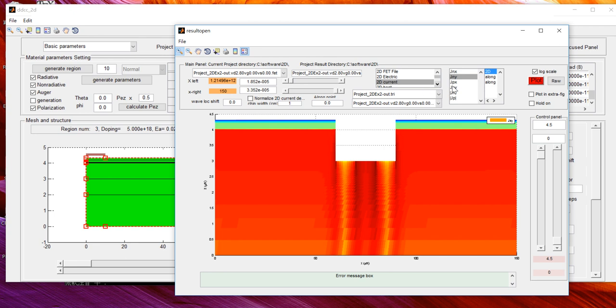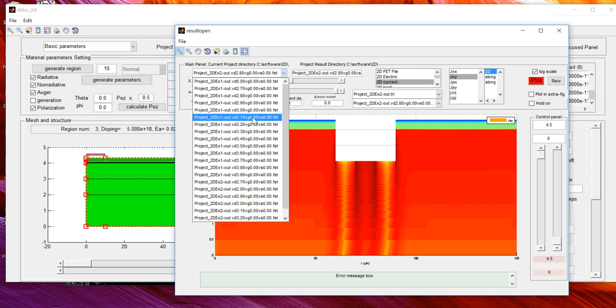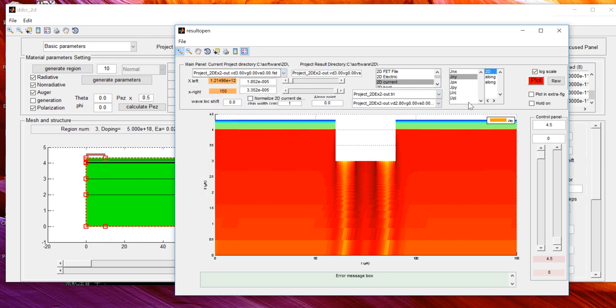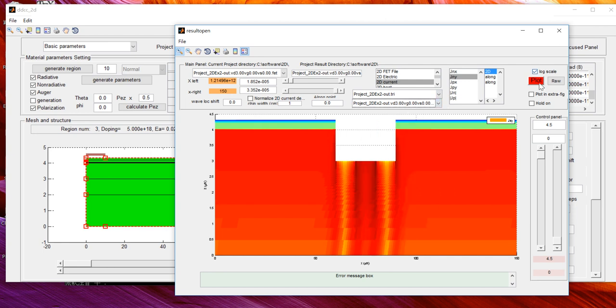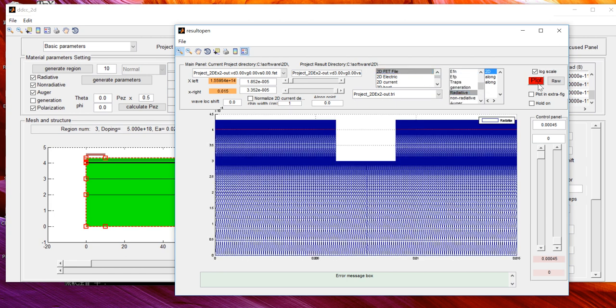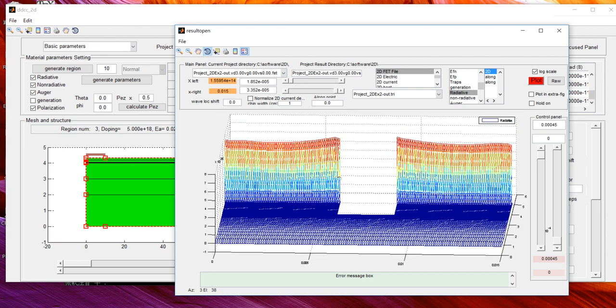Let's go to larger bias, which is more accurate. 3.0. Okay, looks good. Radiative recombination. You can find it's a little bit darker here and lighter here, so there's a current crowding here.